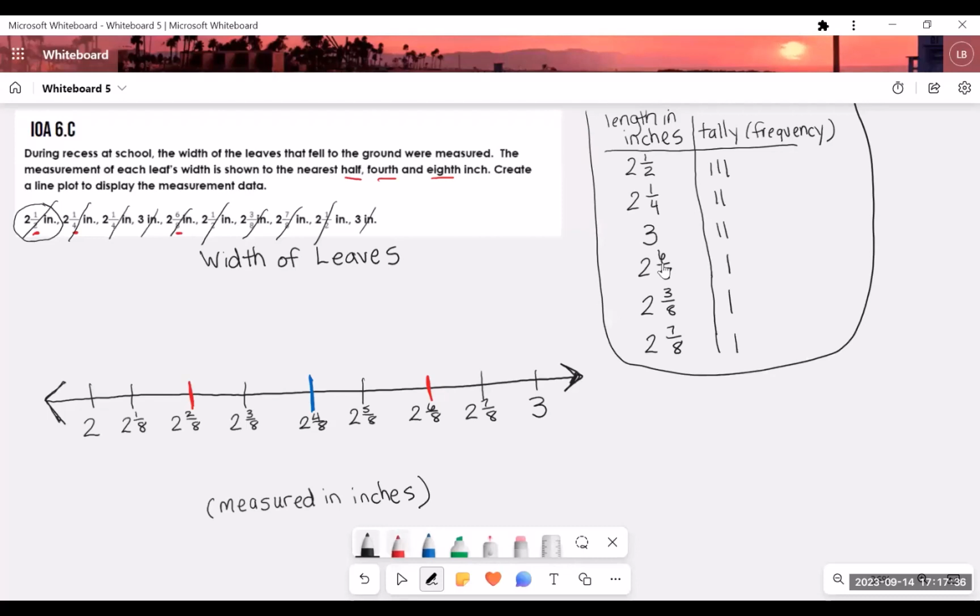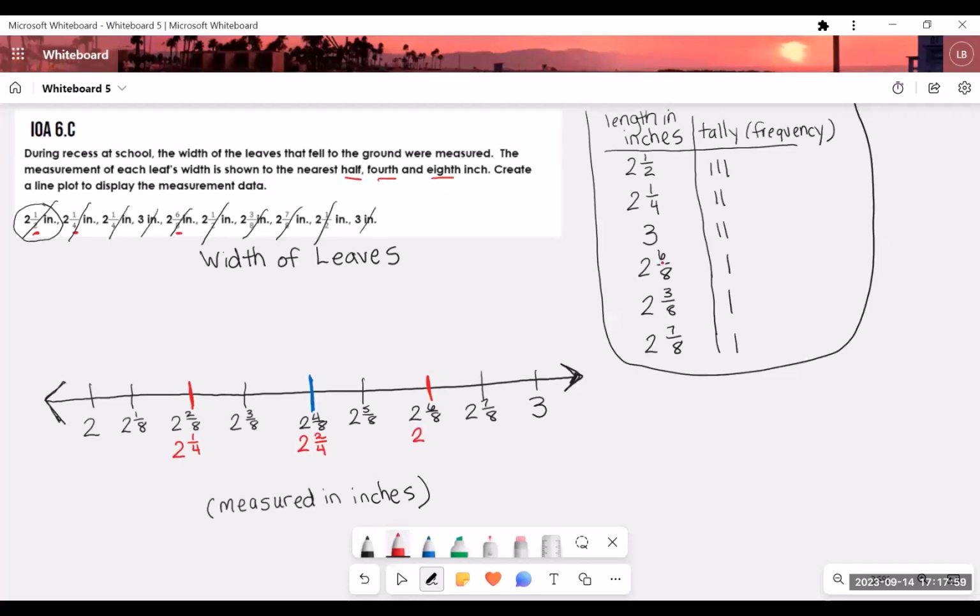Now I'm going to go in and write in my fourths. Well, because I color coded it, it's very easy to see where those are going to be. Of course, this blue mark is also going to be a fourth because that is this. If this is 2 1/4, then this is 2 2/4. I'm counting by fourths now.